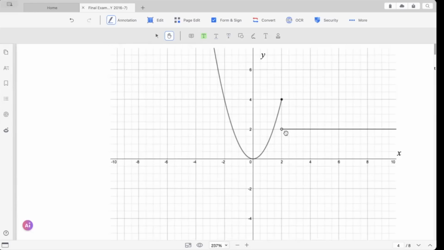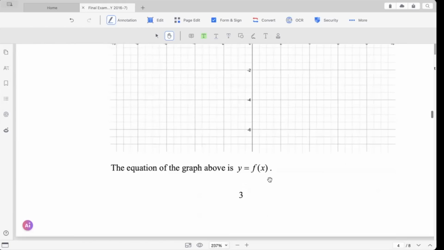If you look at the line, it's basically representing the values greater than 2, and it's strictly greater than because this is open, while for the curve, this is saying it's using x equal 2 and all the x values that are less than 2.